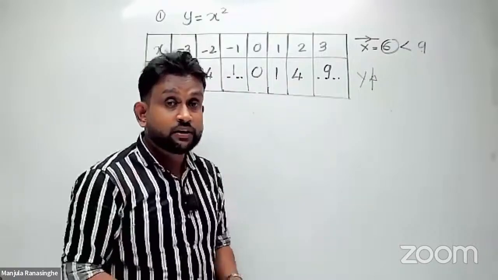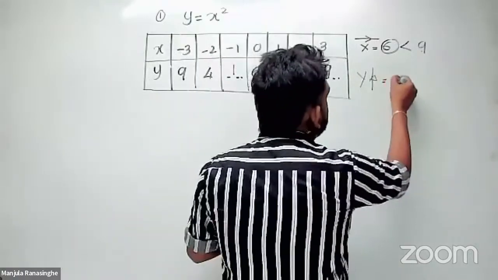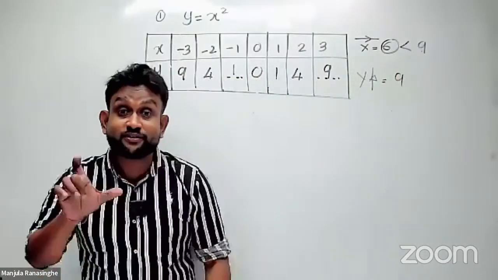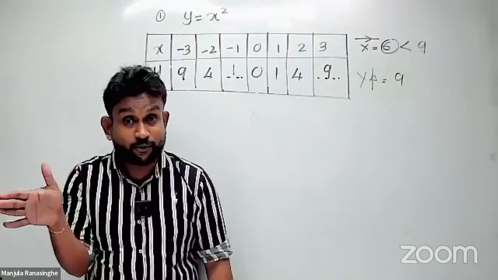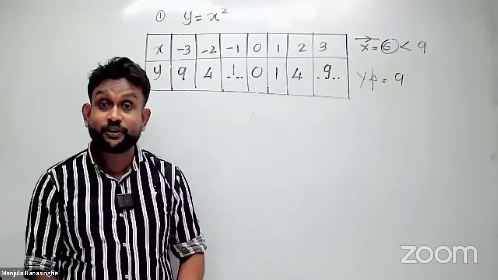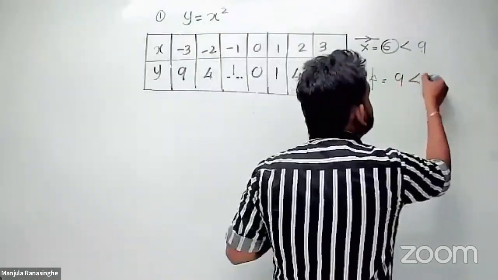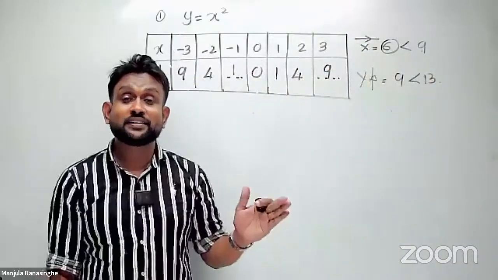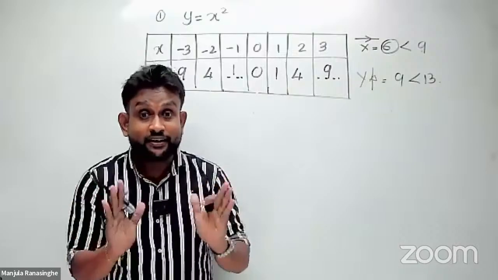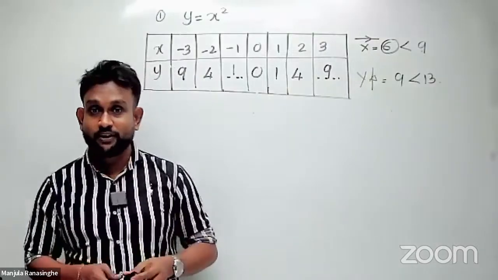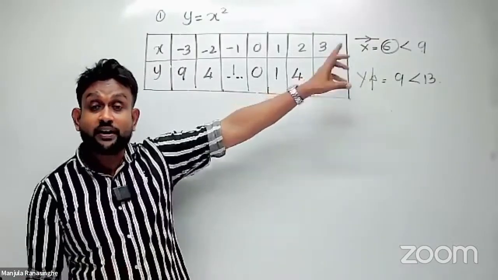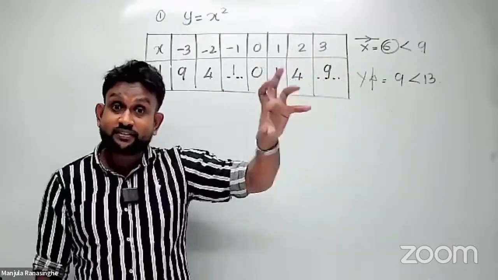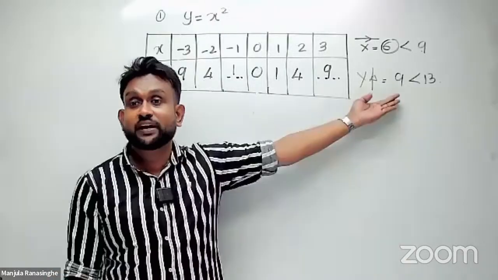So if you take 10 squares as 1 unit, you have 13 units, and 9 is less than 13. So for the y-axis also, you can use 10 squares as 1 unit. Understood? Along the x-axis, 10 small squares is 1 unit, and along the y-axis, 10 squares is 1 unit. This is how you decide.